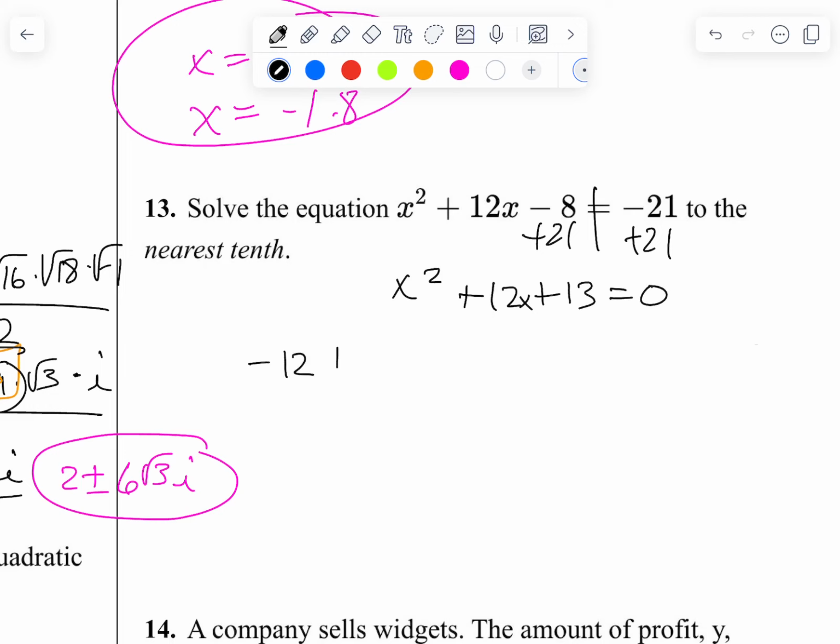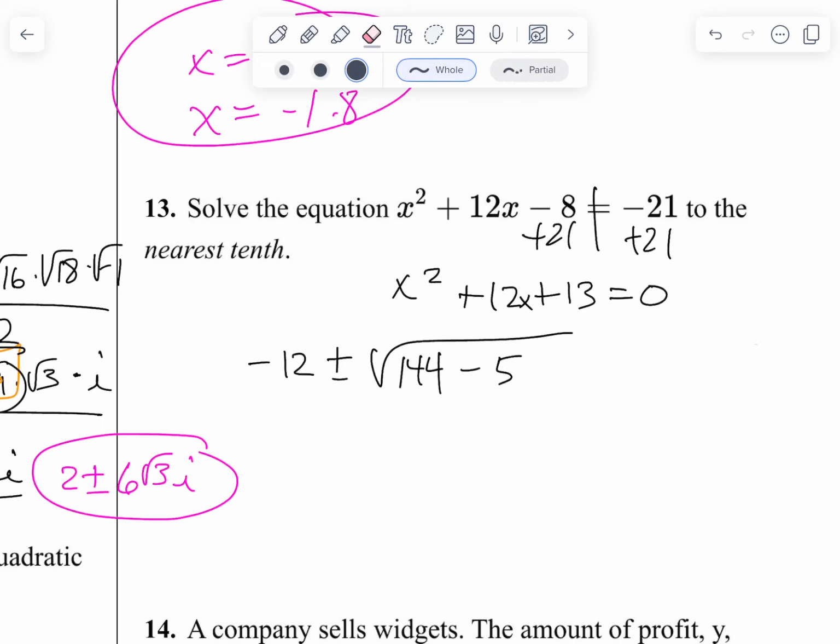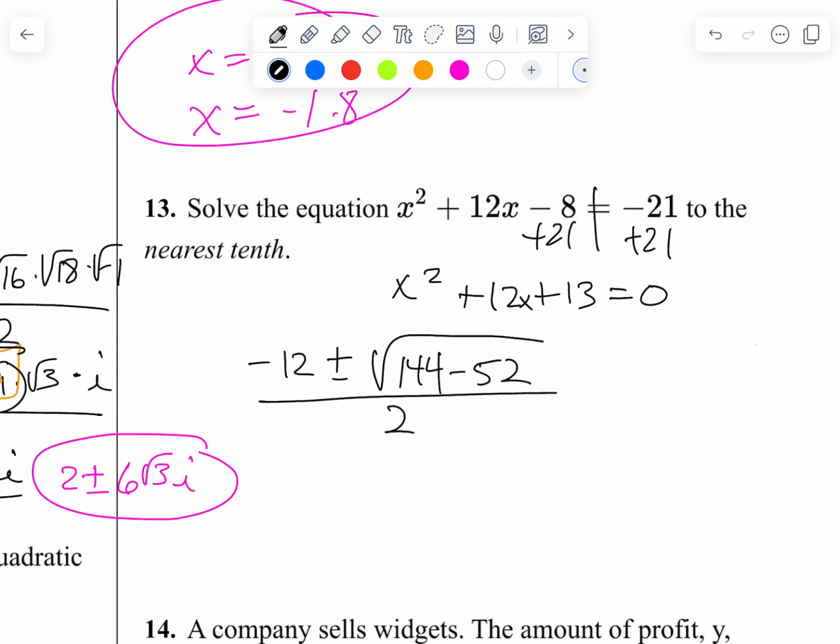So I got negative 12 plus or minus 12 squared is 144 minus 4 times 1 times 13. 4 times 13 is 52. I was right. Whoops. Doing stuff in my head here. Over 2. So I get negative 12 plus or minus the square root of 92 over 2.